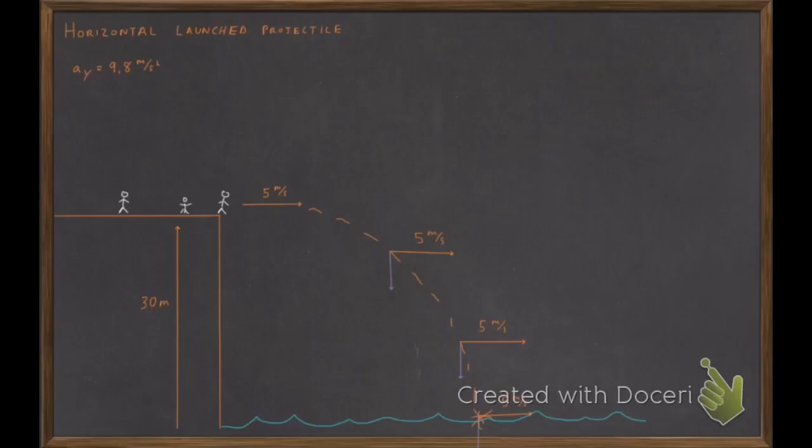So let's figure out his final velocity in the y direction. Let's figure out his displacement, let's say, in the x direction.